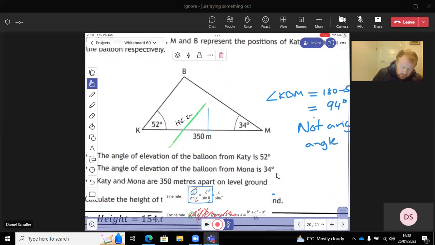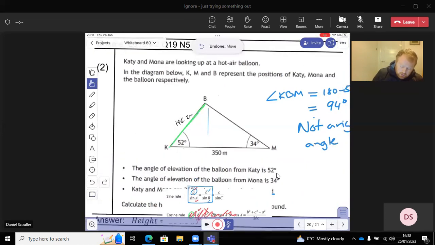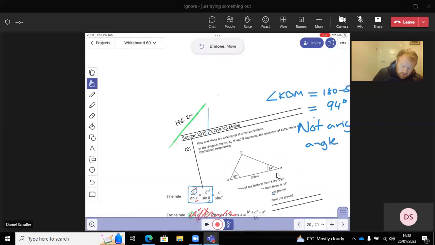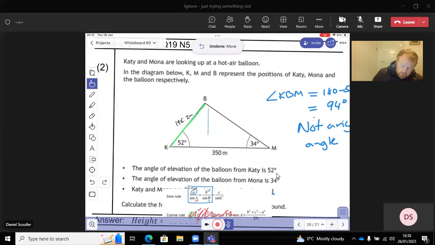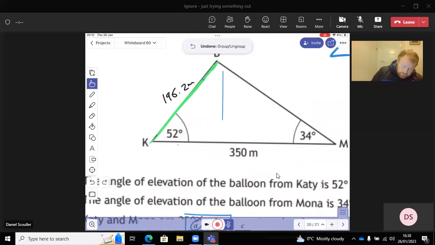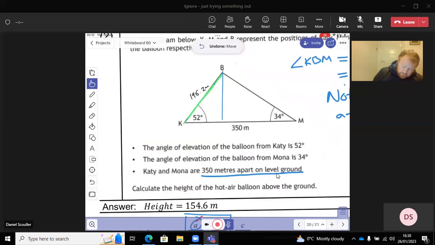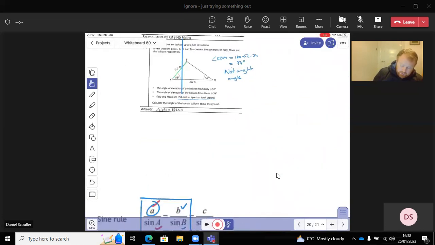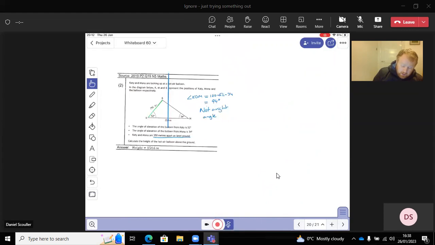Oh my god, it's not liking me now. Why is it doing that? Don't know why it's doing that now. But B is, delete that, bottom of the balloon to ground level.